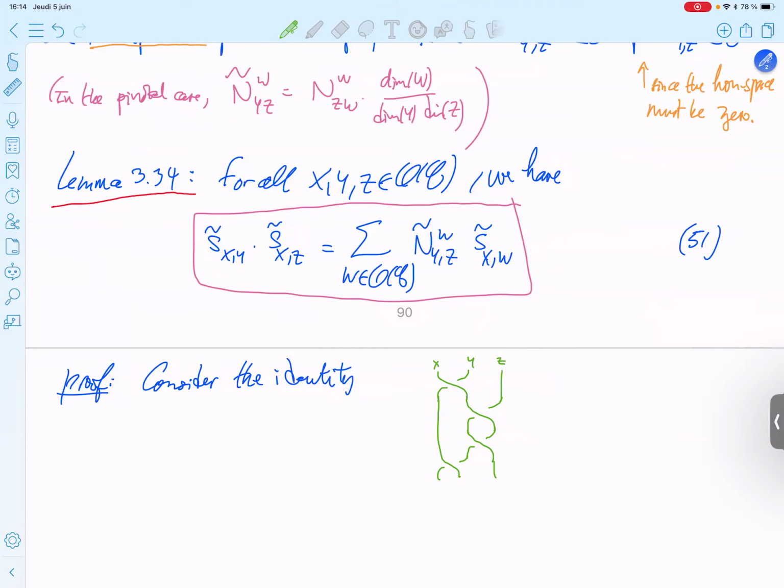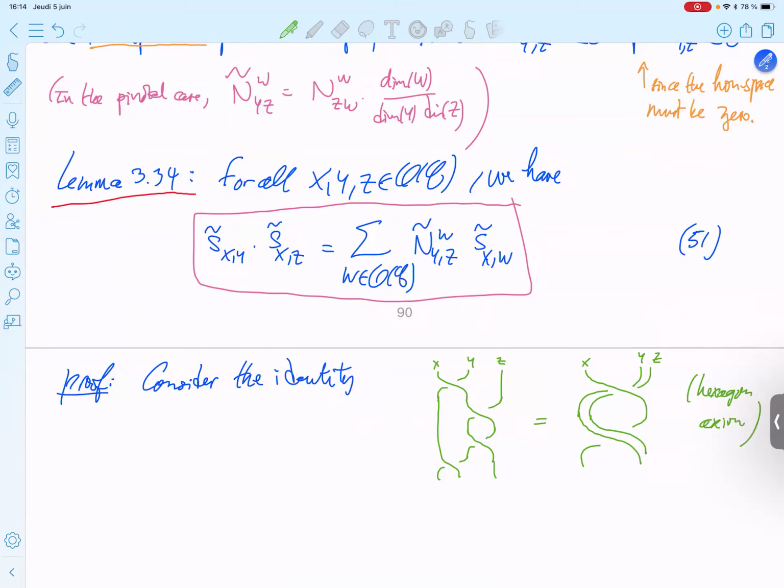Okay. So this is by the hexagon axiom equal to your YZ together. So this is a double braiding like that. So that's known already. Okay. Hexagon axiom.